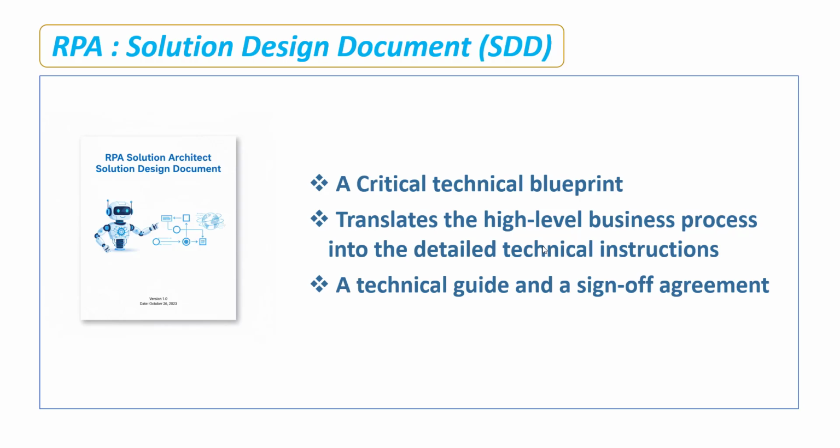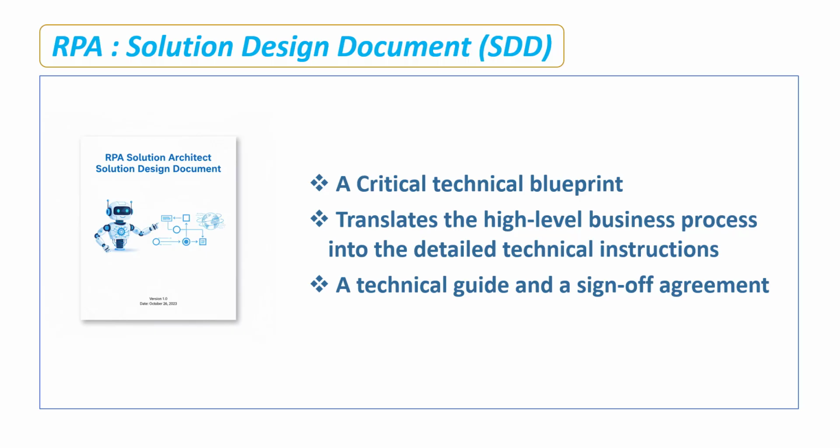In robotic process automation, the SDD translates the high-level business process usually defined in the process design document or PDD into the detailed technical instructions necessary for the RPA developer to build the bot. It serves as a technical guide for the developers and a sign-off agreement with the business stakeholders.